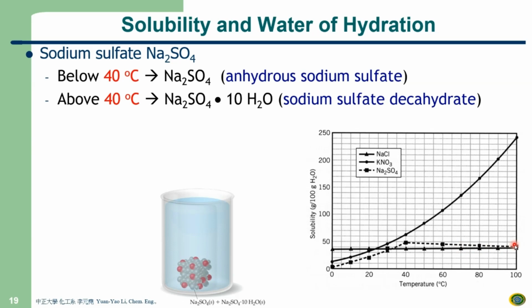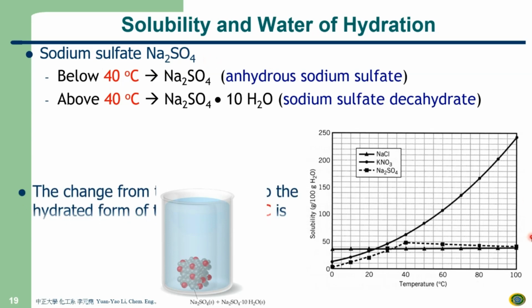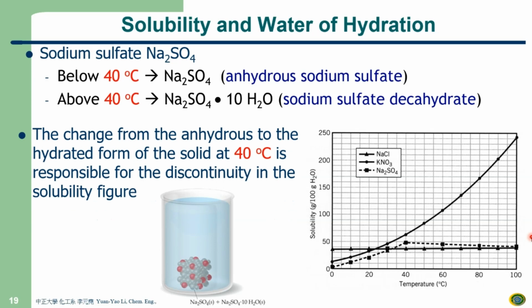Why? Because water goes into the crystal, so this crystal doesn't become ions, sodium ions and sulfate ions. So the solubility won't go up. The change from the anhydrous to the hydrated solid at 40 is responsible for the discontinuity in the solubility figure.